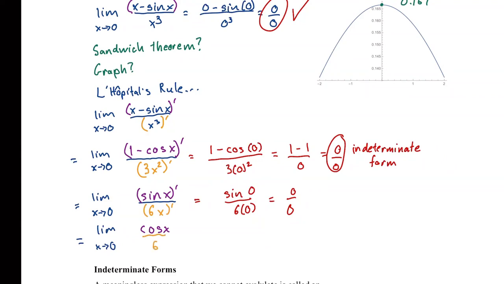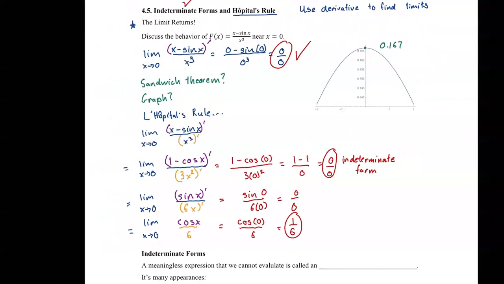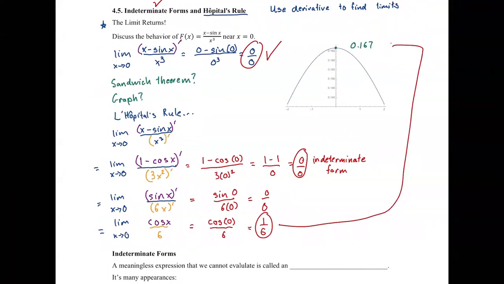And now take the limit of this function right here. You get cosine of 0 over 6, which is 1/6. This is an actual number. It is the limit. So that's how L'Hôpital's rule works. And we're really just going to spend the rest of the day looking at different scenarios of how to use this rule.